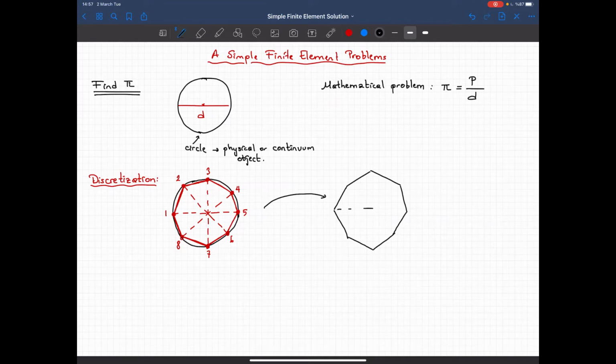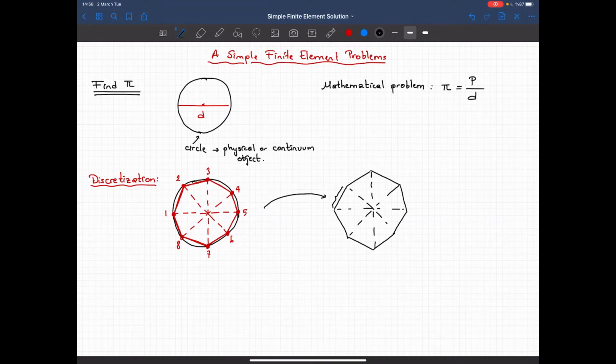So this is the structure that I'm solving. So it's the simplified version, a simpler geometry, for which I can easily calculate the length of each element.